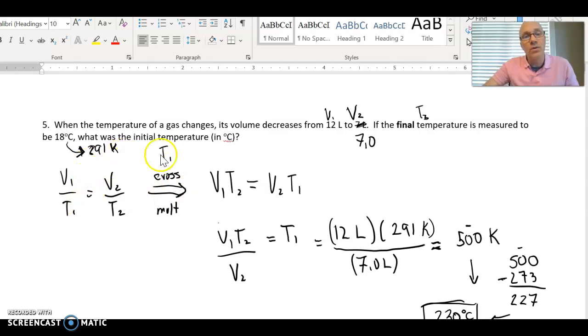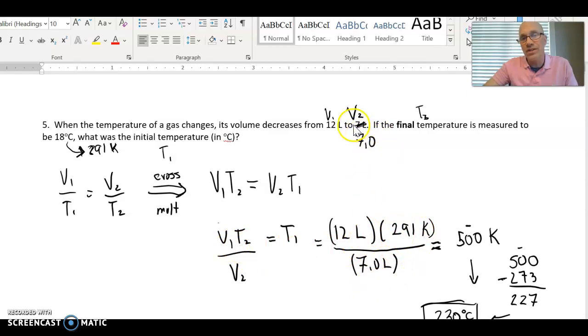We're dealing with volume and temperature, so this would be the appropriate equation right here. We're going to cross multiply to get rid of the variables in the denominator. We are then going to divide by V2 so that we can get T1 all by itself. We're going to plug these into the equation.